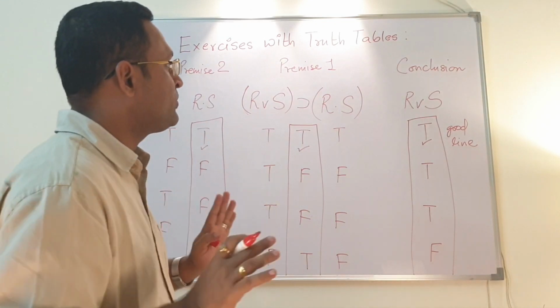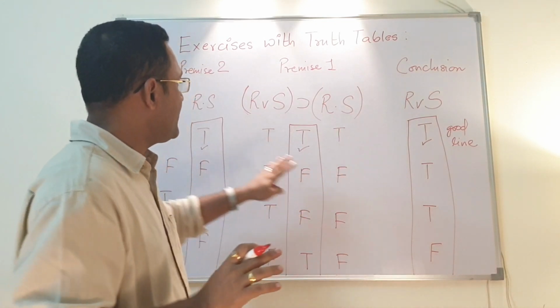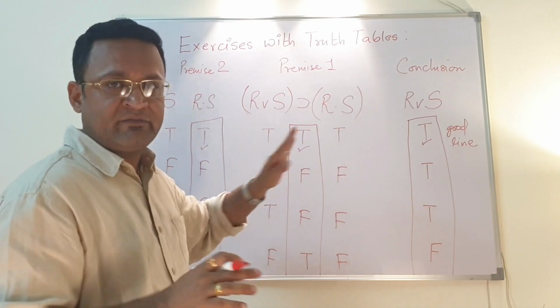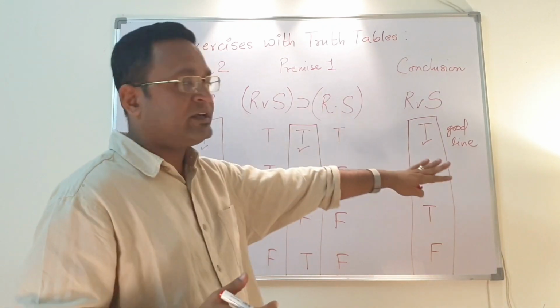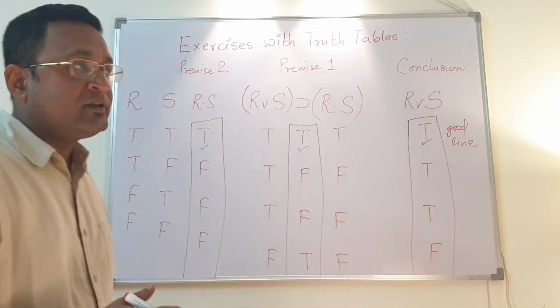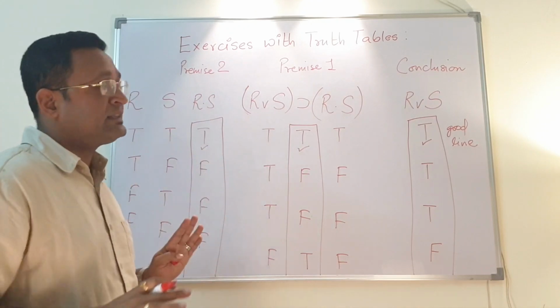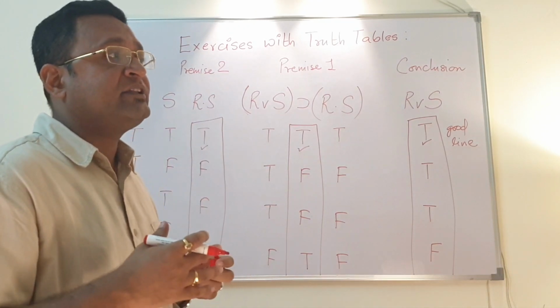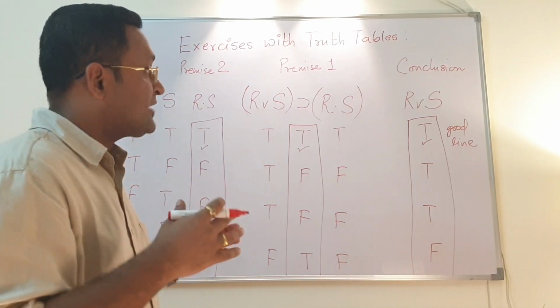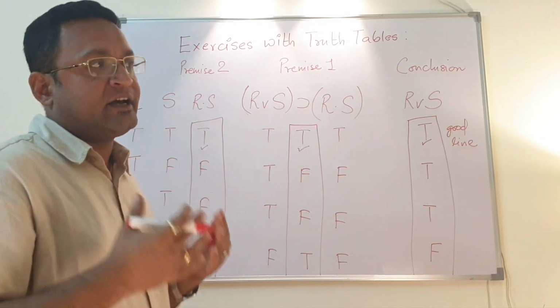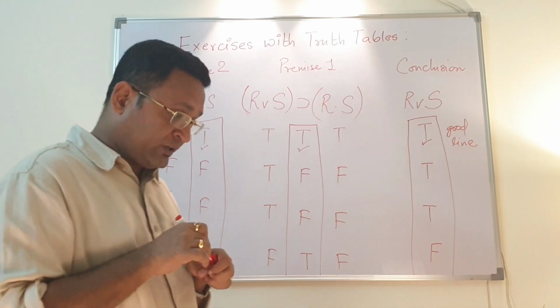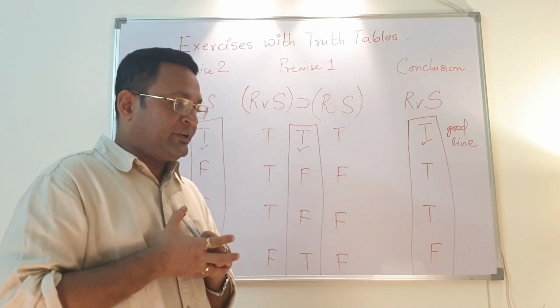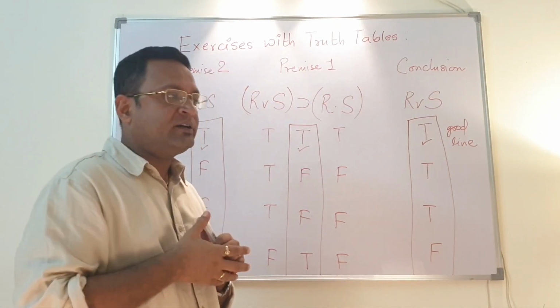There is absolutely no problem about it. Why? Because whenever the premises are true, the conclusion is true. There is no bad line. So irrespective of the fact that this argument looked like an invalid argument at first go, it actually turned out to be a valid argument, which brings us to a very important, critical thing. Let me tell you that. You can note it down if you want.